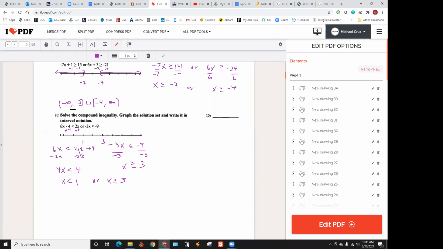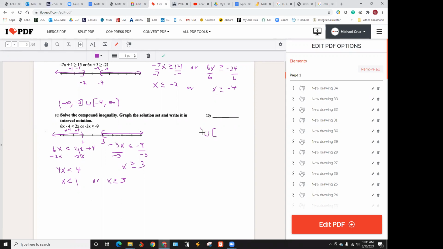So it's going to be pretty much just like this one. Anytime you have an or, they're going to be separated. It's a bracket, and this one's a parentheses. So again, you're putting these two together with the u. This is the bracket side.